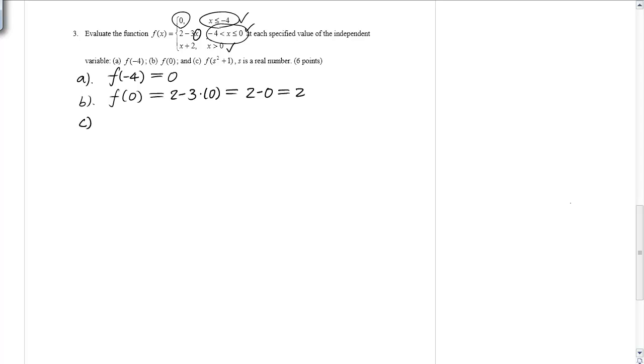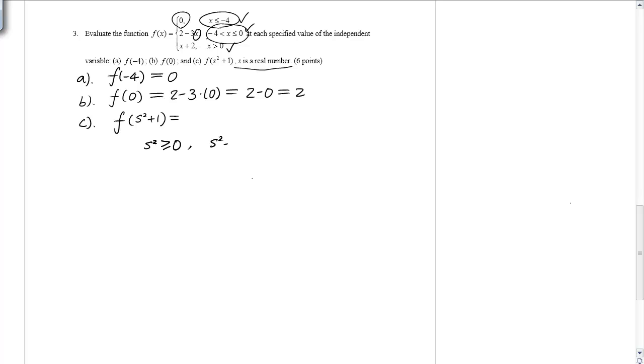Lastly, we need to evaluate when x equals s squared plus 1. Now, this problem is a little bit trickier because you are not given directly what this x value is. However, because we know that s is a real number, for any real number, s squared must be non-negative. In other words, s squared must be bigger than or equal to 0.